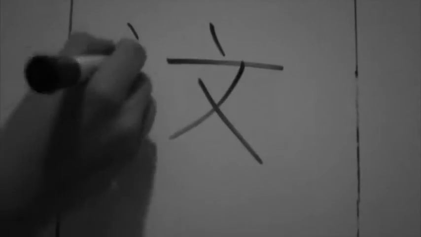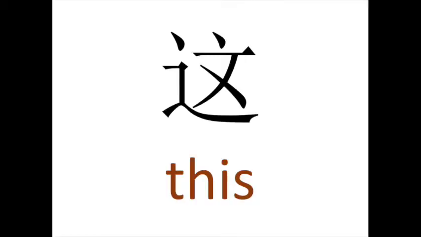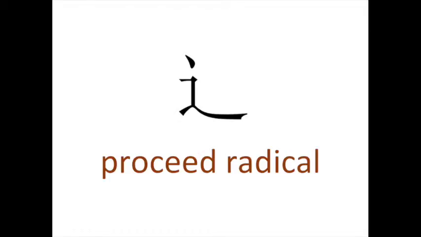The next word we're going to learn is the word for this. This has a radical on the left and bottom side. I think of it like a long cape or a gown, whether it's Batman or some sort of royalty or just someone stepping on a bathrobe. So that radical is actually the radical for proceed, to go forward.